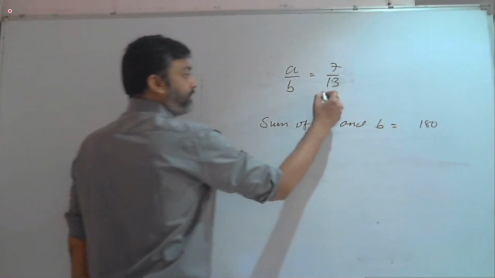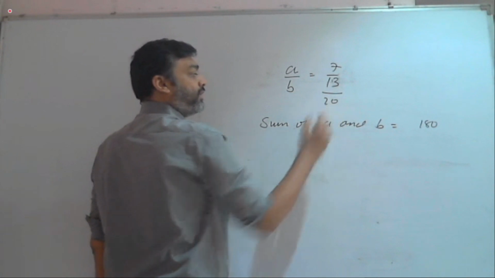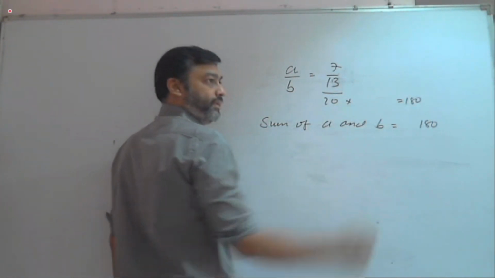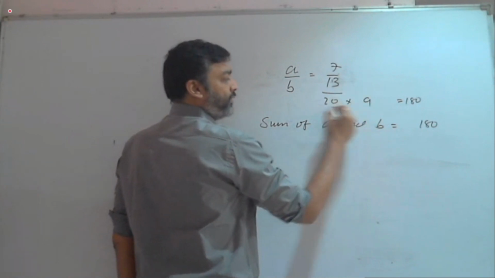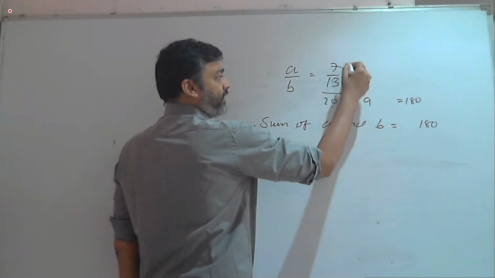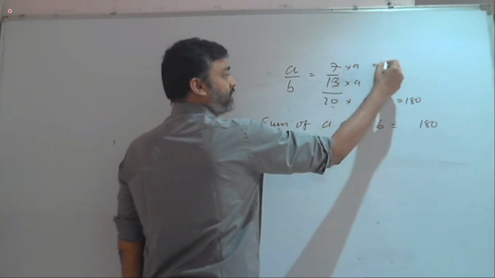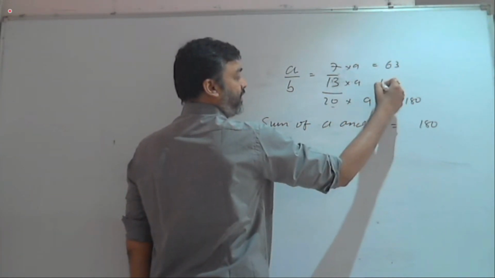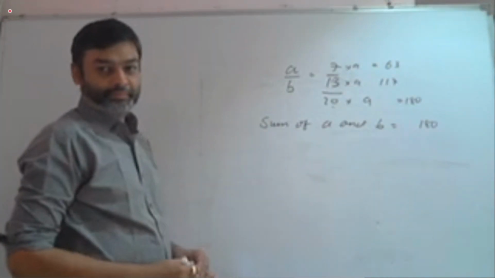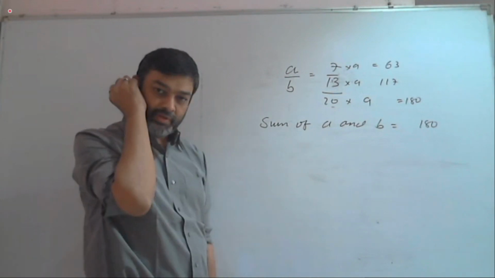So take the sum of this ratio, 7 and 13, which is 20. Now multiply by what to get 180? Think, everybody. It is 9. I do this in my mind: the addition is 20, and 20 times 9 is 180. Therefore I multiply both terms by 9. So 63 and 117. These are my two terms. Hope it's clear, everyone.